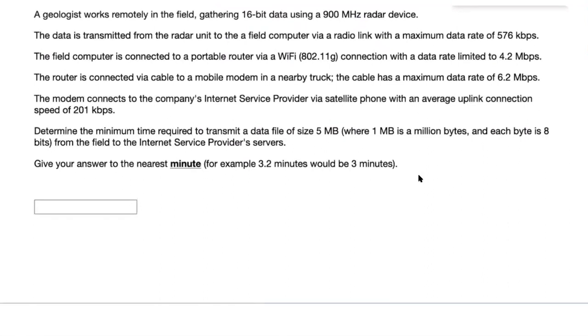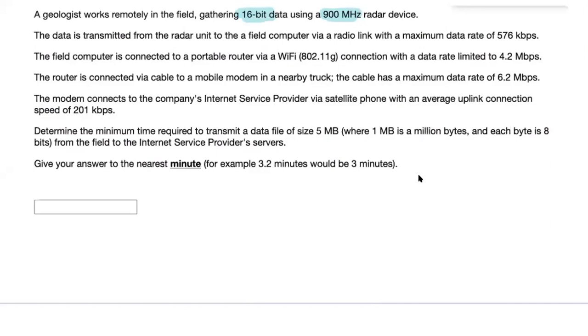This is a longish question. It looks tricky. Again, I think this is a bottleneck question because you have multiple links, okay? So we have a geologist in the field gathering data. Again, we have unnecessary data.